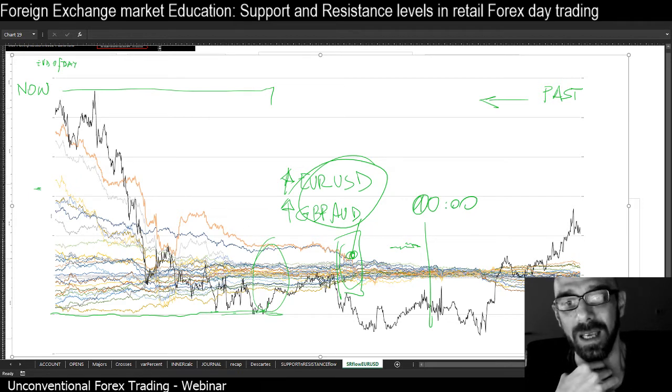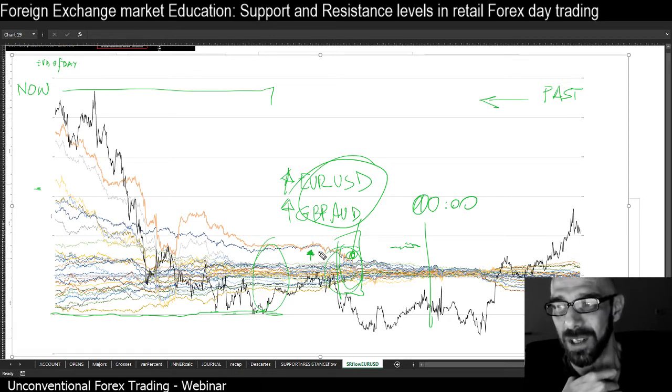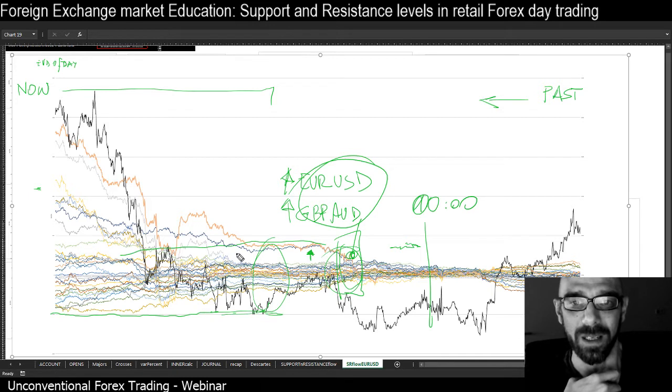Okay, but the assets here already revealed an increment of momentum and strength, and the only relation about support and resistance and breakthrough, because you can see a kind of channel here that is violated, and it's also violated here.